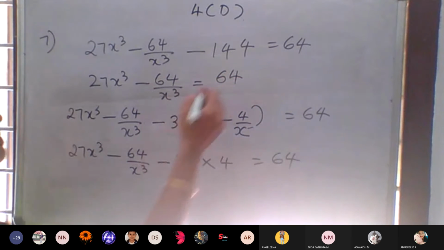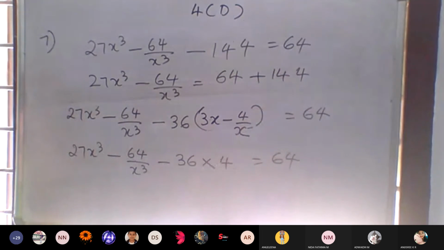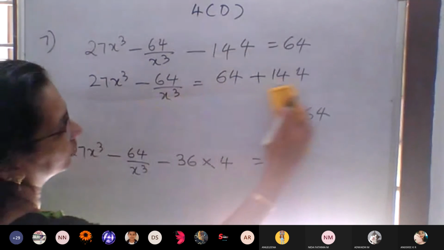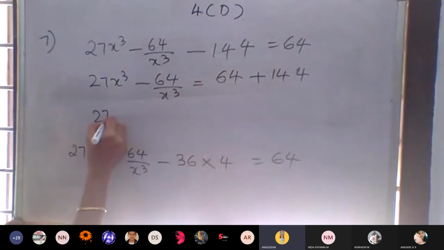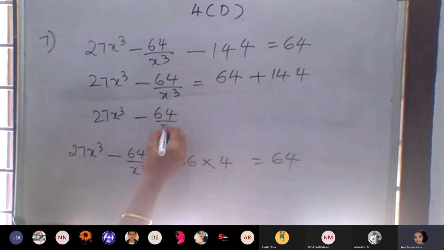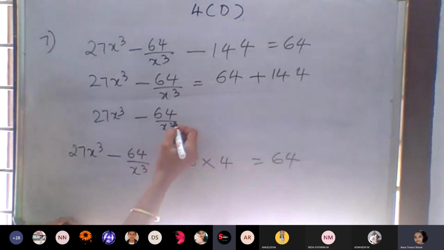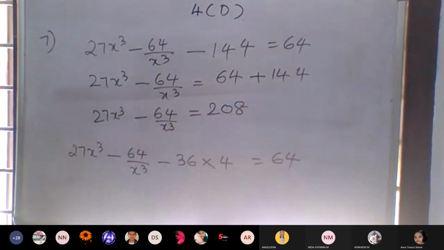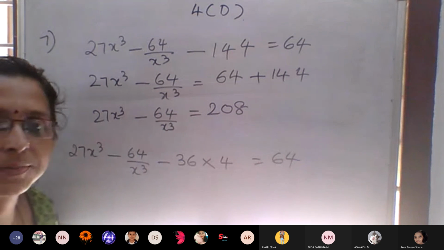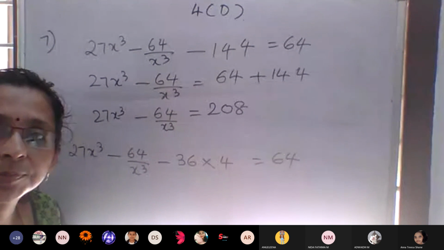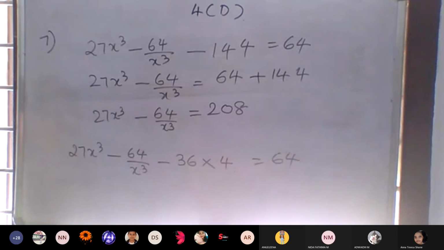Then negative 144 take to the right side, so it will become positive 144. So 64 plus 144, 208. So 27x cube minus 64 by x cube is equal to 208.